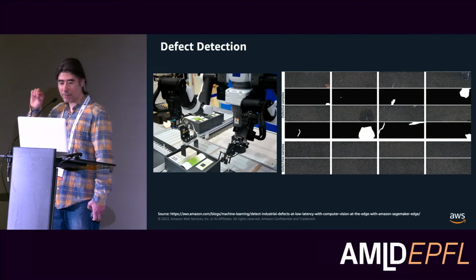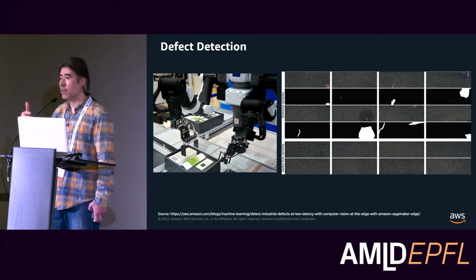So in the first row, you can see the picture of the surface, and these artifacts there in the images are just scratches, risks on the surface. And this is what this customer wanted to detect. The second row is the ground truth, or the labeled data set for semantic segmentation.